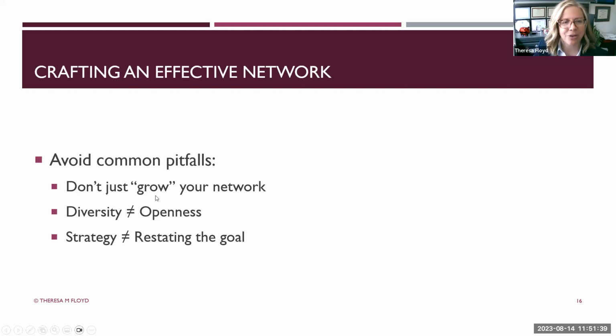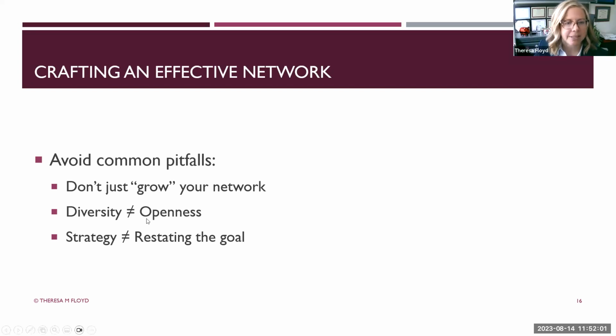That's not a good network goal, but think about how you're going to make changes in your network structure and diversity, etc. Diversity and openness are similar, but they're not the same. Diversity means that your network crosses boundaries, whereas openness means that the folks in your network don't all know each other, right?